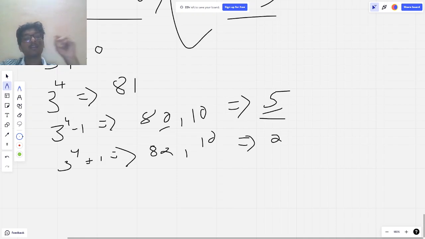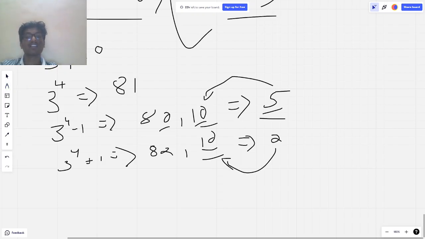So essentially, just by finding numbers which have a common factor with this large number, we can find the factors of this large number, which are 2 and 5, the factors of this 10.